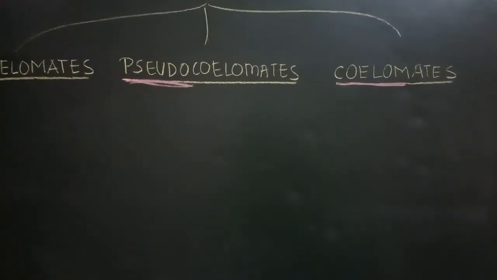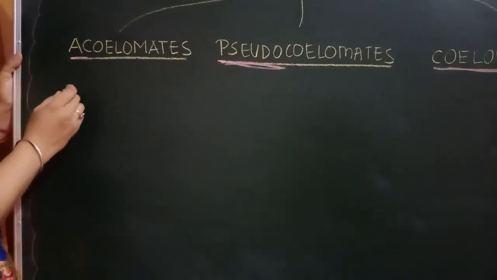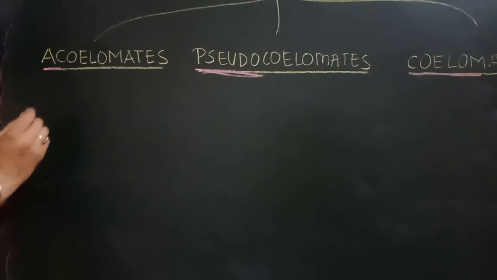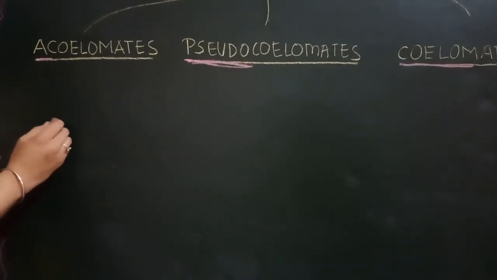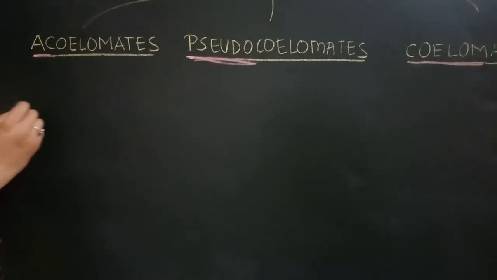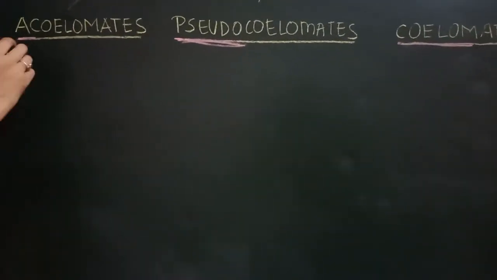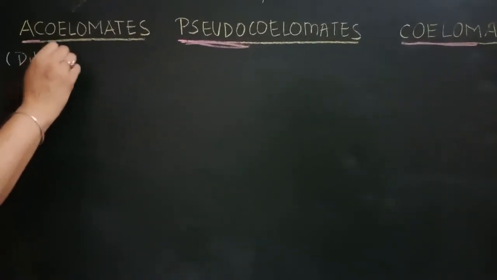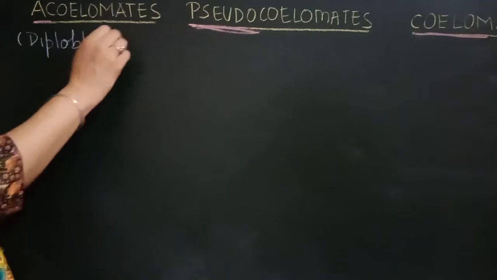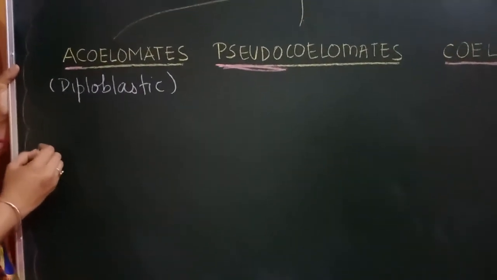Now, for understanding body cavity, we must recall that we have done three types of germinal layers. The outer one ectoderm, the inner one endoderm, and in between them the mesoderm. So acoelomates are those organisms which are diploblastic. That means they have only two germinal layers, ectoderm and endoderm.